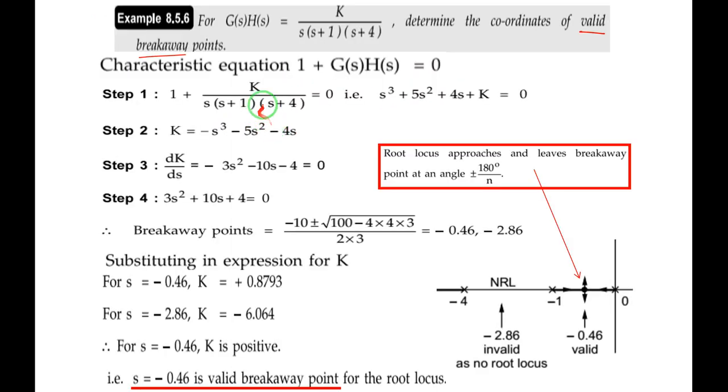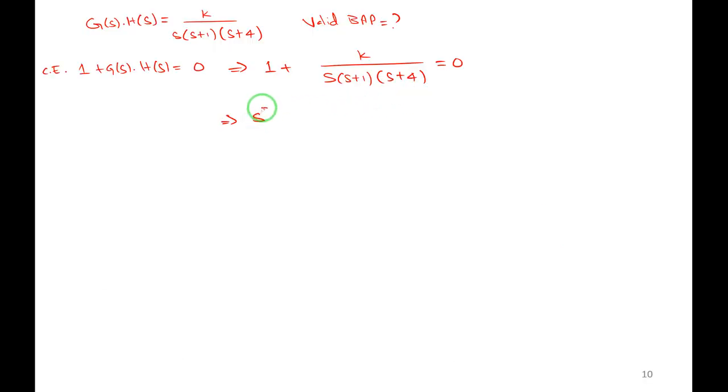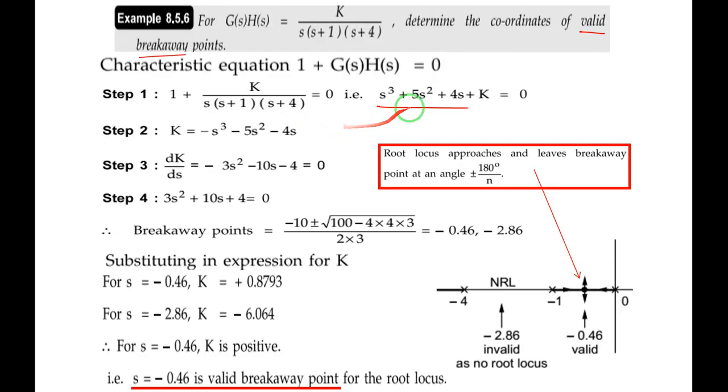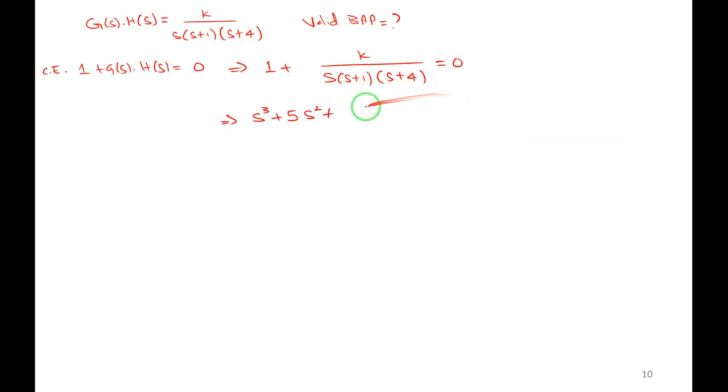Taking the LCM and simplifying, we get s cube plus 5s square plus 4s plus k equal to 0.